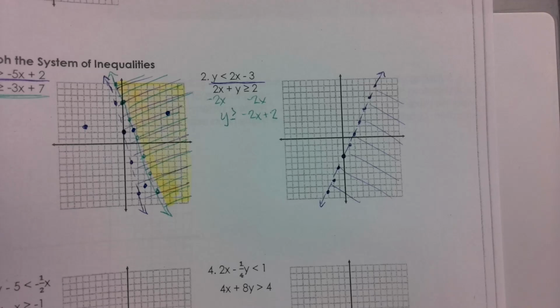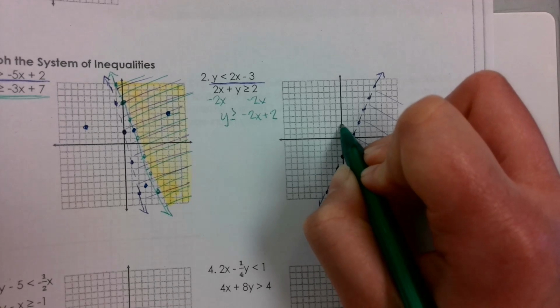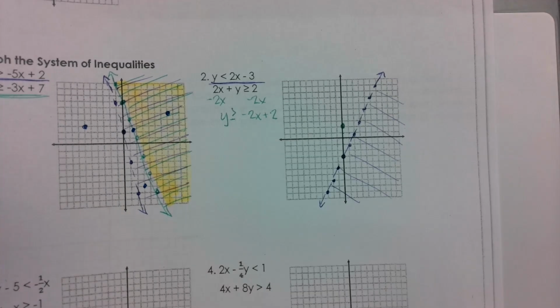Natalie, where are we going to start our line? 2. Noah, how are we going to count our slope? So how do you count that? You got it, down 2 over 1.